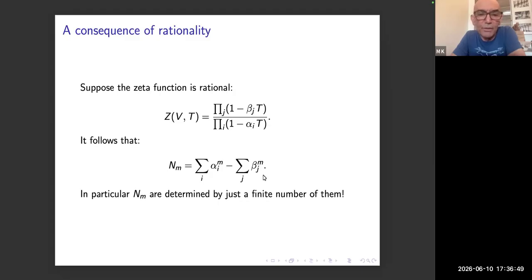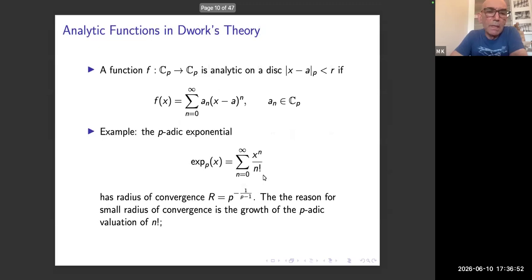There are two or three others which I won't discuss. So Dwork's idea was to use p-adic analysis. I wouldn't say complex analysis, but let me make a digression here. If you have a function, for example from C_p to C_p, you can define it to be analytic on a disk if it's convergent like that, a series like in complex analysis.